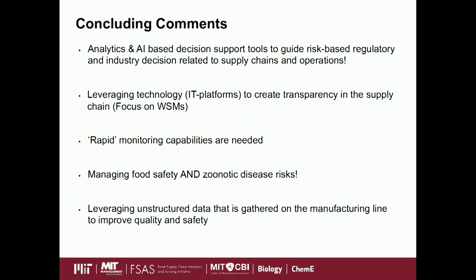So just to summarize, hopefully I gave you some examples of how you can use AI and data at scale to inform regulatory and operational decisions in two highly regulated industries that have major impact on human health. I want to emphasize that one of the major challenges is how you actually structure the data, and you can use machine learning to structure the data and create usable data that you can then use.